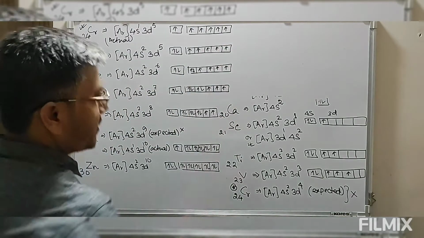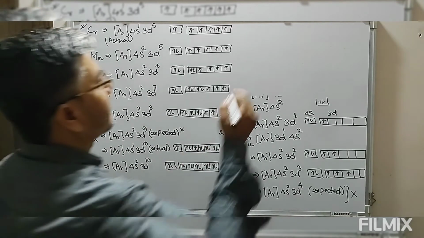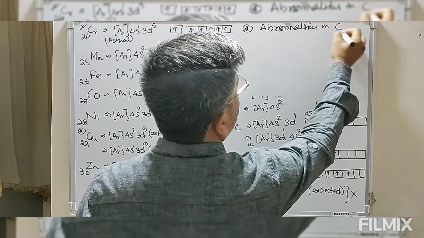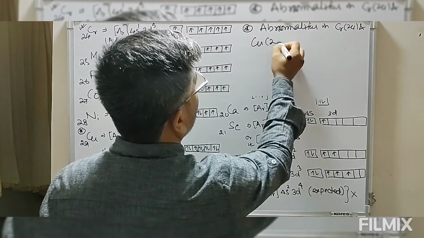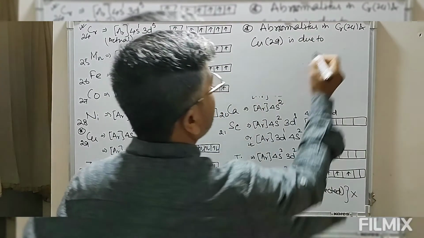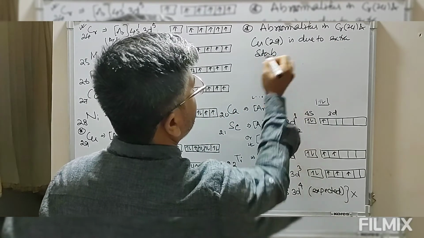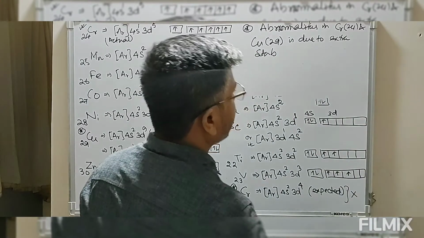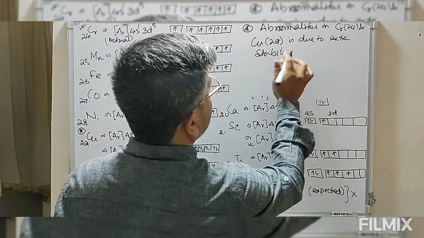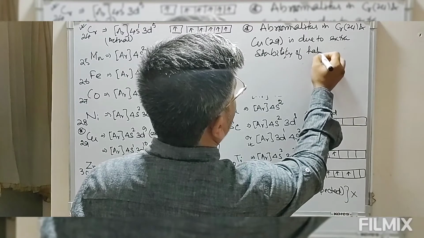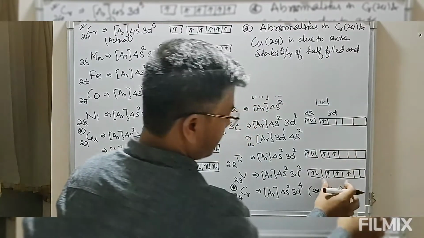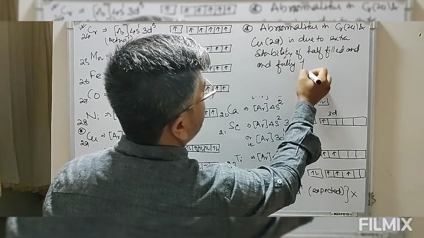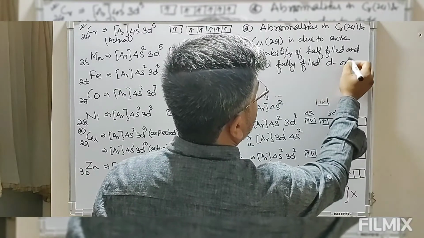The abnormalities in chromium 24 and copper 29 are due to the extra stability of half filled and fully filled d orbitals.